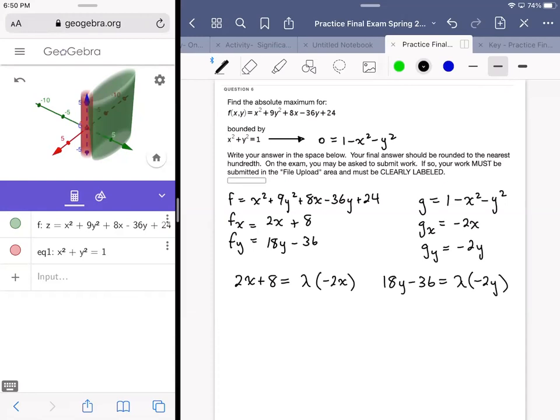Just looking at it, I see everything even, so I'll cross off some even numbers. So 2x, oh no, not 2x, I'm dividing it. So x plus 4 equals negative x lambda. And same idea on this side, divide everything by 2. We have 9y minus 18 is equal to negative y lambda.